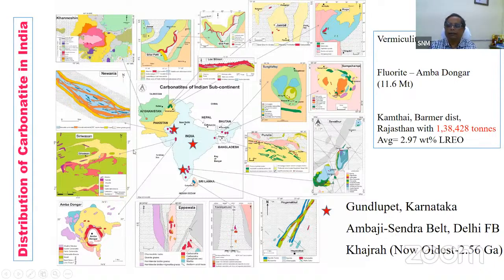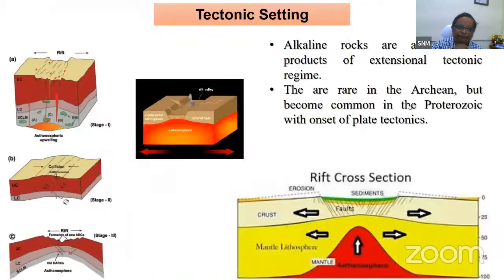An important thing is that Kamthai in Rajasthan is the only non-RE deposit till date, but Ambadongar is coming up, and it is being worked by both GSI as well as AMD. A very important thing is how they are formed and what is the tectonic setting.